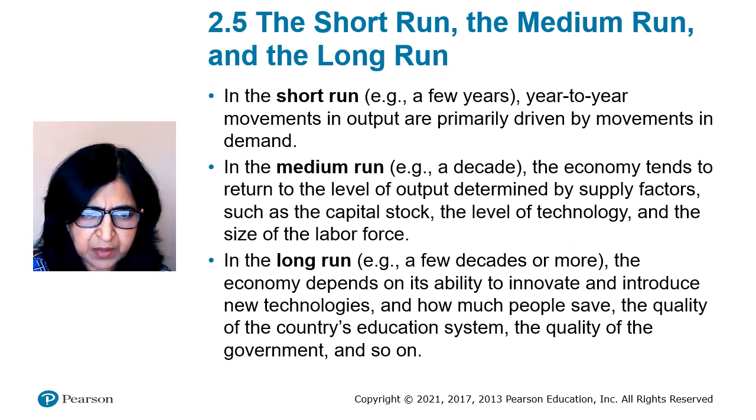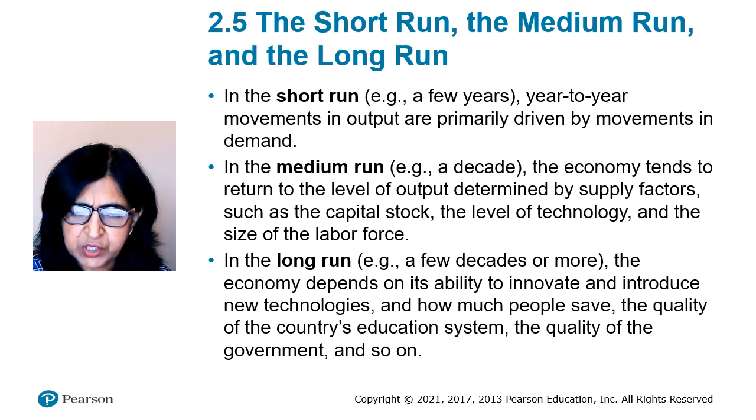The short run, the medium run, and the long run. In the short run, for example a few years, year-to-year movements in output are primarily driven by movements in demand. In the medium run, for example a decade, the economy tends to return to the level of output determined by supply factors such as the capital stock, the level of technology, and the size of the labor force.